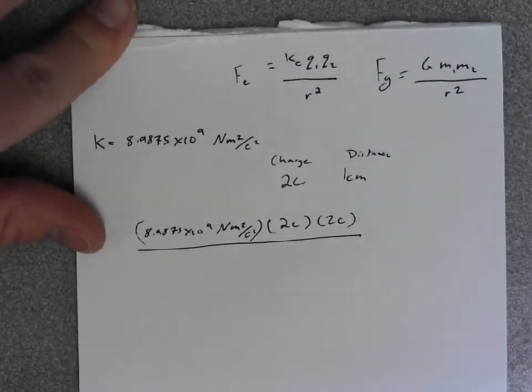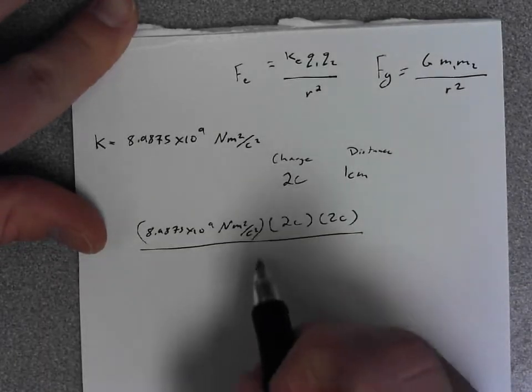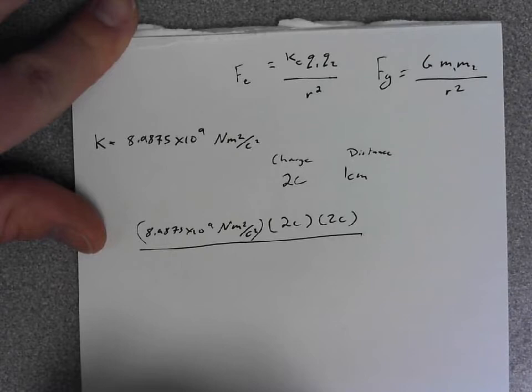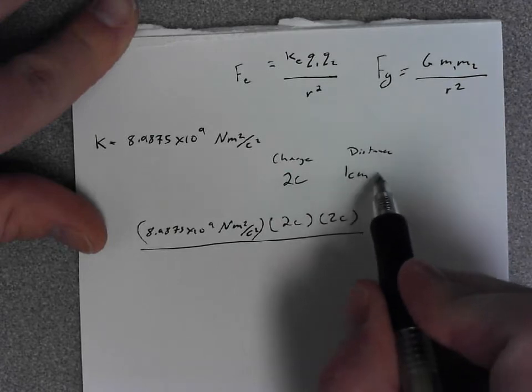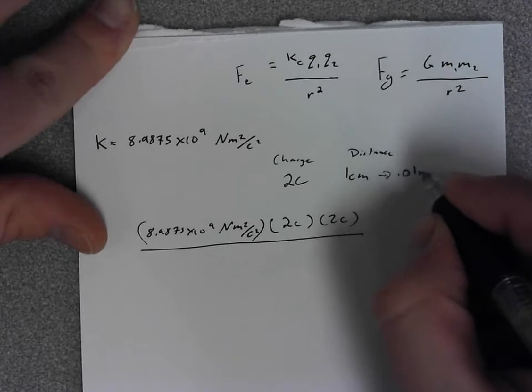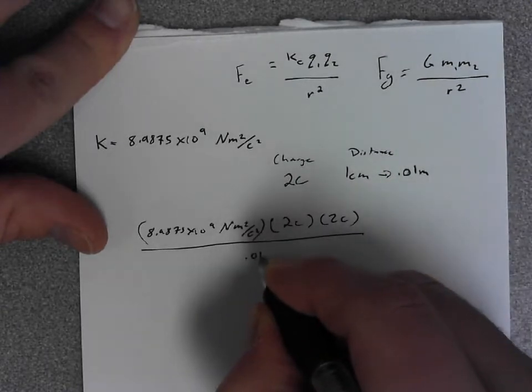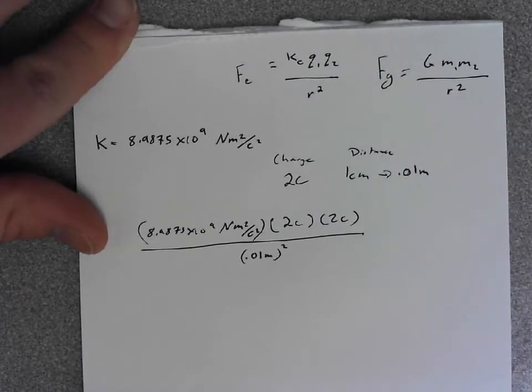Now, the first mistake that people make here is they'll just put 1 squared. That's incorrect, because this is centimeters. We need this to be in meters, which converts to 0.01 meters. So 0.01 meters squared. Notice my units here.